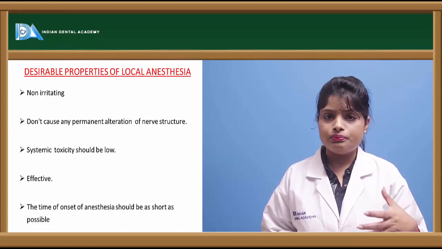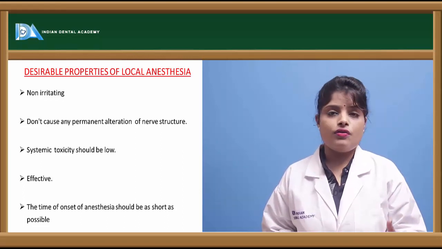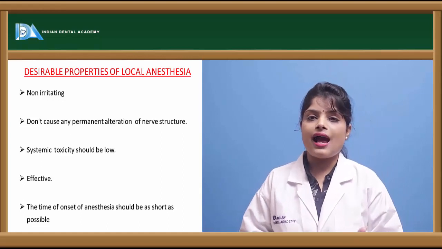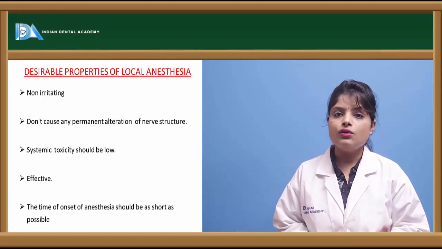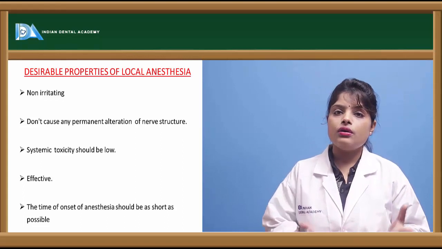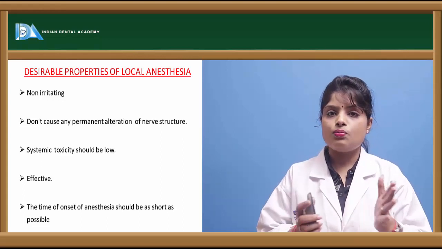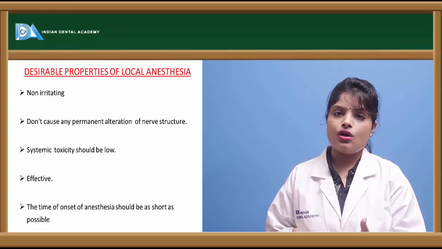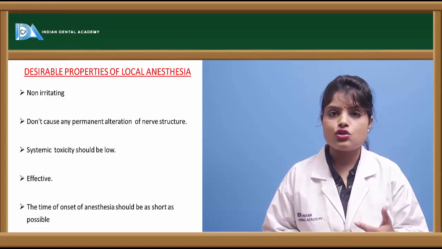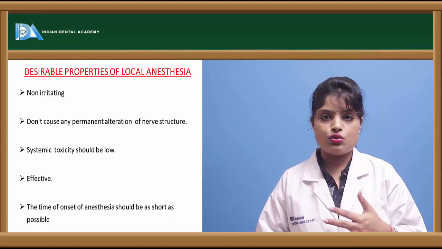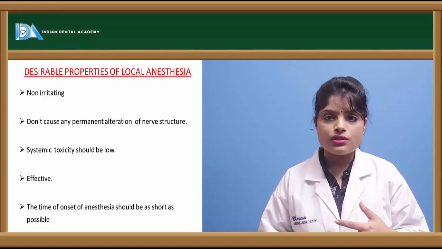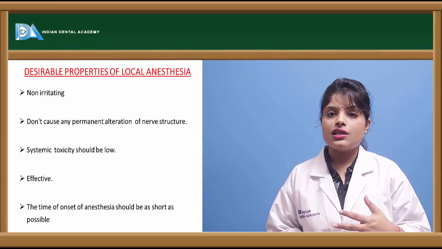Then it should also be effective. For example, if we inject a local anesthetic and we do not find the desired anesthesia, then what is the use of injecting it? So it should be non-toxic and non-irritable to the tissues, and it should not cause any hematoma or necrosis in the tissues in which it is injected.